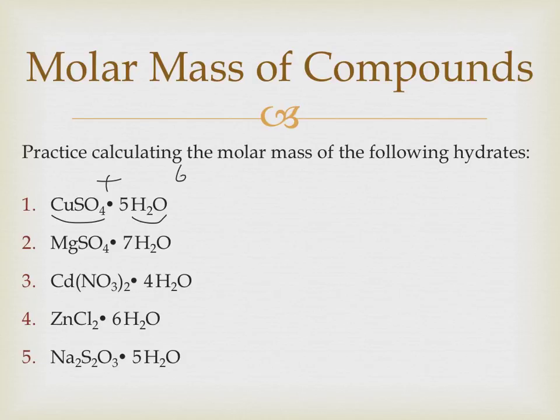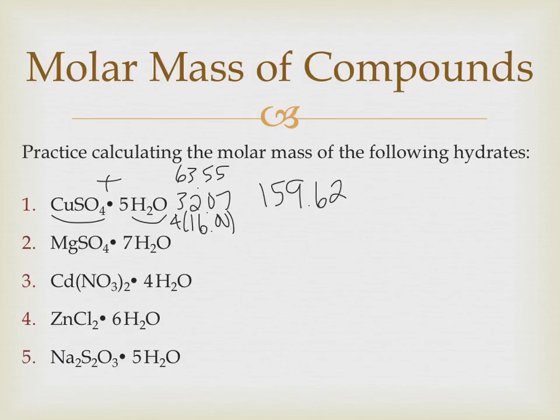So 1 copper is 63.55, 1 sulfur is 32.07, and 4 oxygens, 4 times 16, add them together, 4 times 16 plus 32.07 plus 63.55 gives us 159.62.